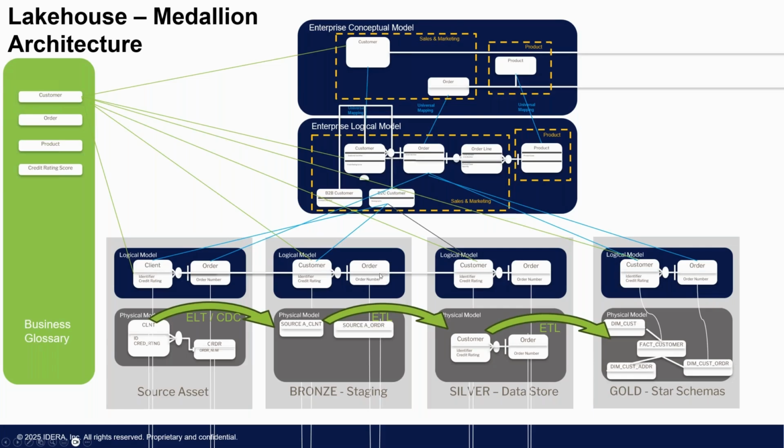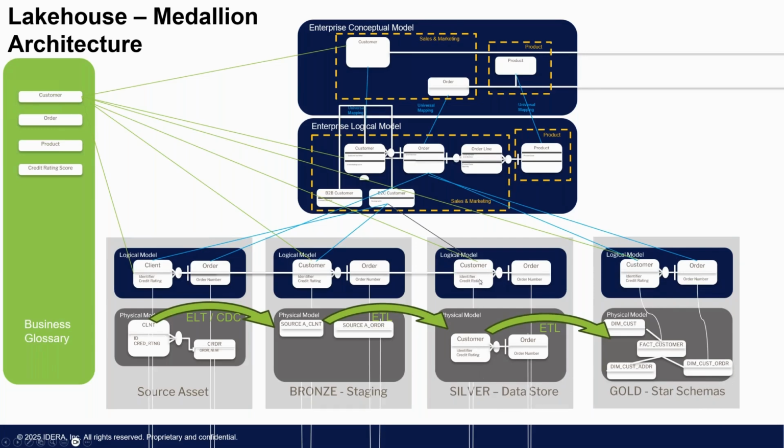You'll notice that the three layers of the Medallion architecture all have the same logical model. So the information in each of these three layers logically should be the same. The process I'm going to show you in ER Studio is that we're going to be reusing the fragments of the enterprise logical model to drive the designs of all of the layers. The silver layer should be really easy peasy.